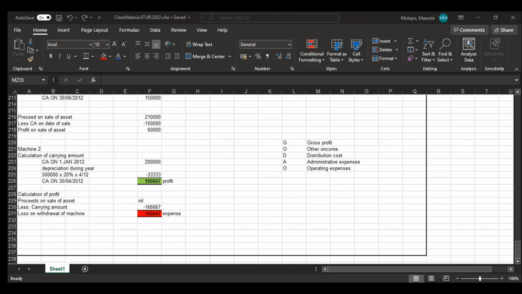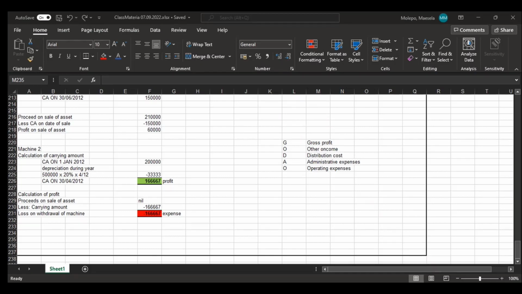On learning number 3, we dealt with example 5, where we were asked to draft the statement of profit and loss and other income.